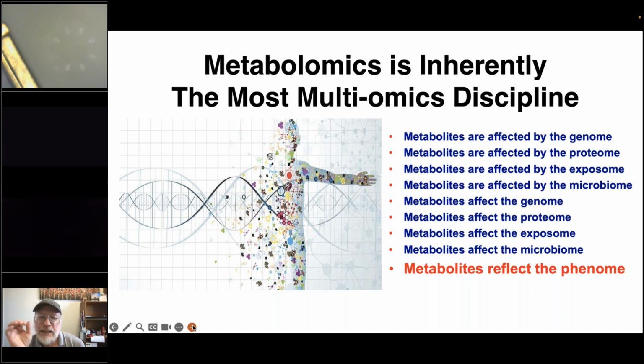So this connection to all of the other omes is something that I think the metabolomics community has inherently been doing, but maybe not recognizing. And it's something that I want to get people to think more about and to think about how their own metabolomic studies can be both intrinsically multi-omic or should be more multi-omic in nature.